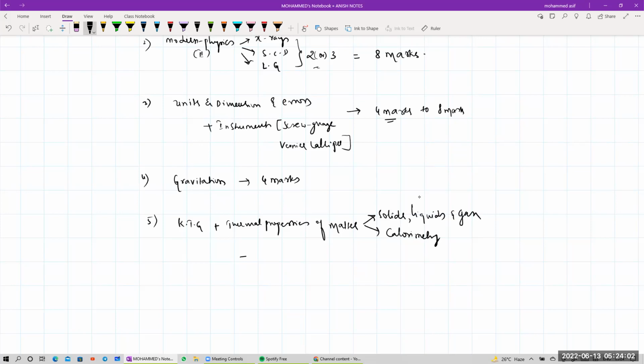And with this one, you need to even revise your thermodynamics, plus heat transfer. Okay. So in this one, 2 to 3 questions better. 2 or 3 questions from this one, roughly. Yes, sir. In this one, we will again be getting your 8 marks weightage.